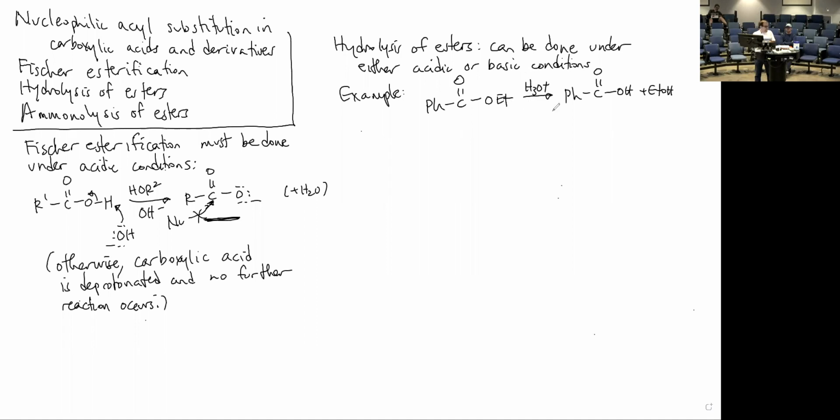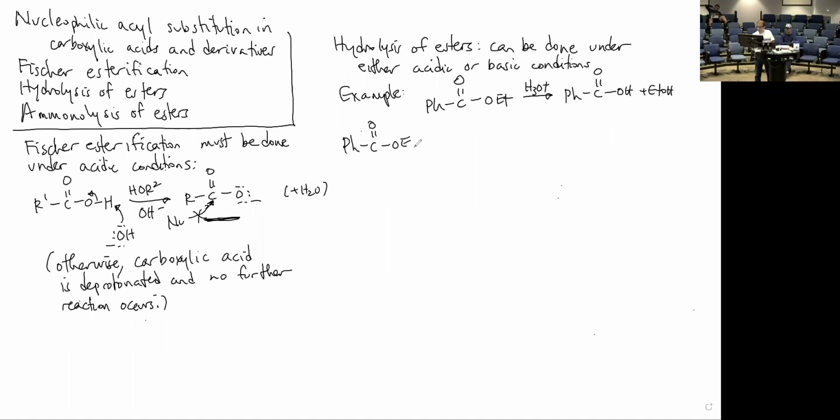And so we need that water in order to drive the reaction forward. Whereas in Fischer esterification, there is no water present. It's done with the alcohol as solvent. And that's something that I want to be sure that I stress further before we end class today. But let's go through the pathway first.